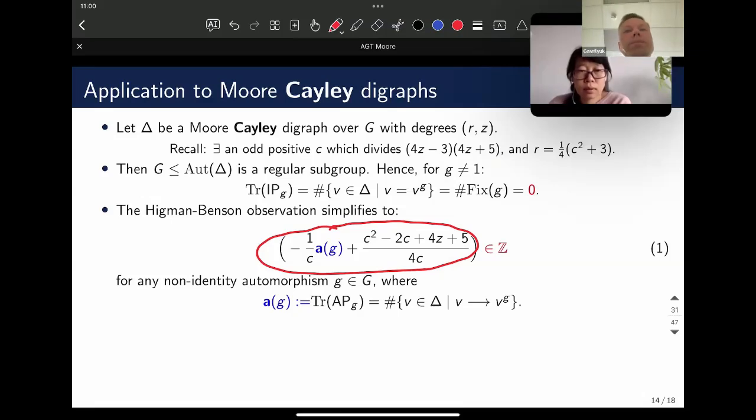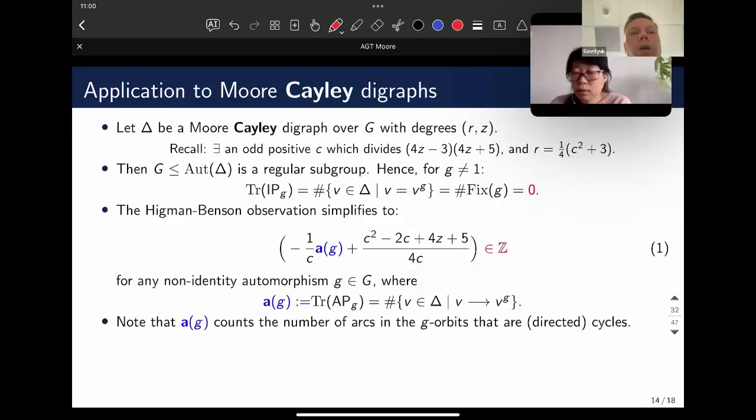Here by A of G, I denoted the trace of this product, A times the permutation matrix. Again, let's note that this quantity, A of G, counts the number of arcs in the G orbits, which look like directed cycles in the graph.